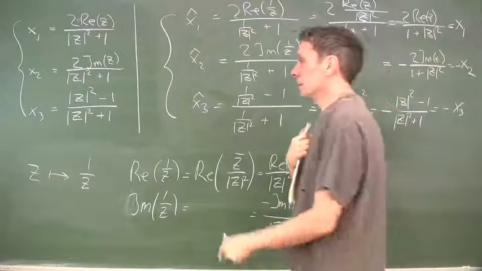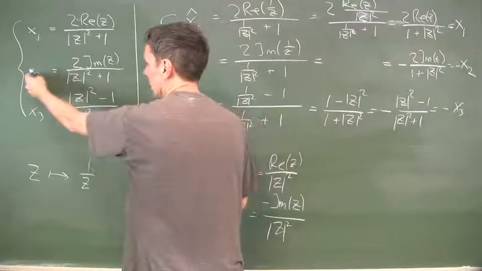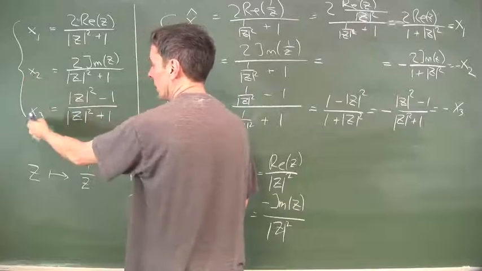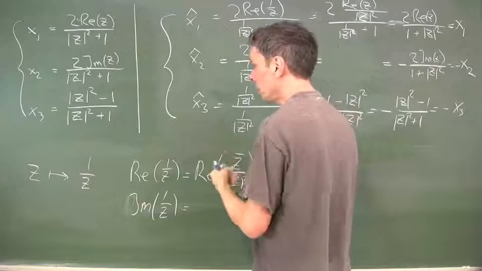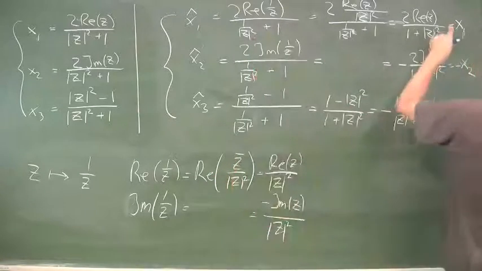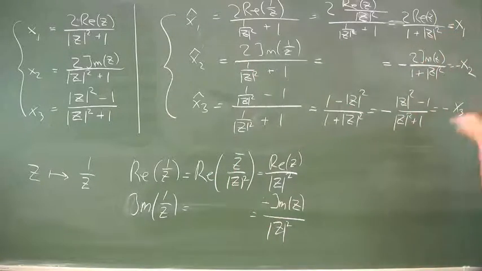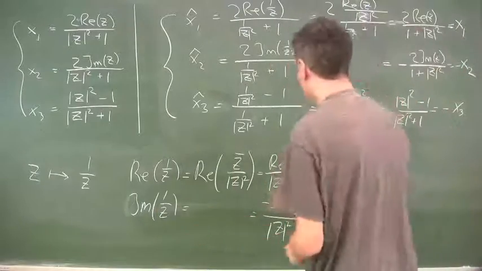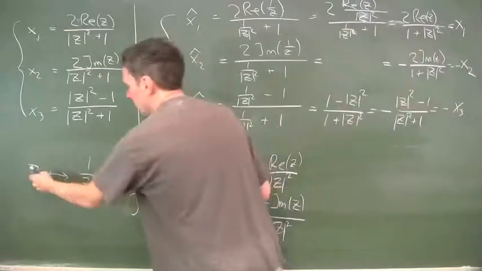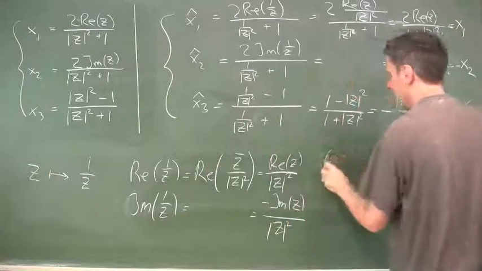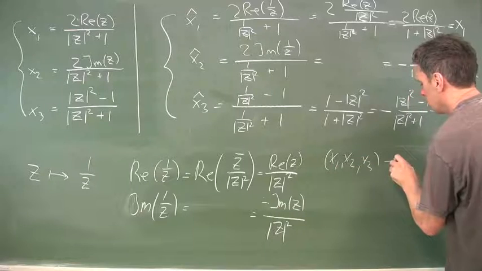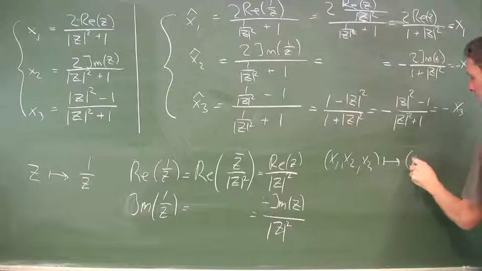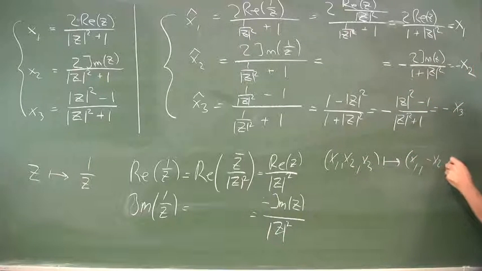So not only the second coordinate of the point changes sign, but also the third coordinate changes sign. So you get plus, minus, minus. So on the sphere, we can really identify this map with a map which takes the point x1, x2, x3 to the point x1, minus x2, minus x3.